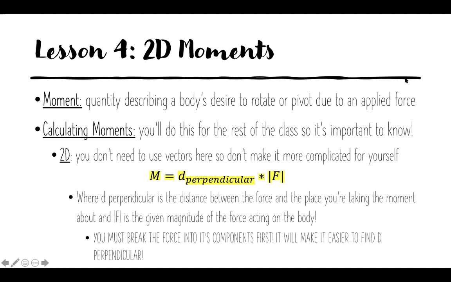So for the questions in the chat, one says, would we be given a force in the XY direction but only need the component X, or something like that? I'm not 100% positive that I get that question, but you might be given a diagonal force, but the X component goes through the point you're taking the moment at, right?